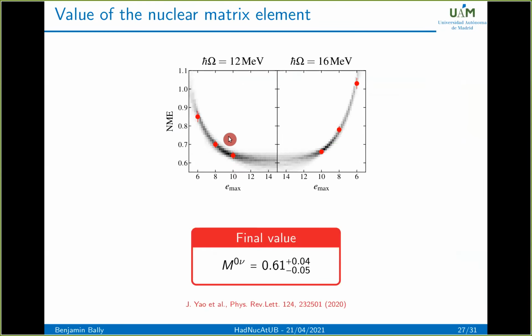So here are the results for the calculation to explore here for this EM 1.82.0, two possible values of H bar omega for three different values of Emax in each case.